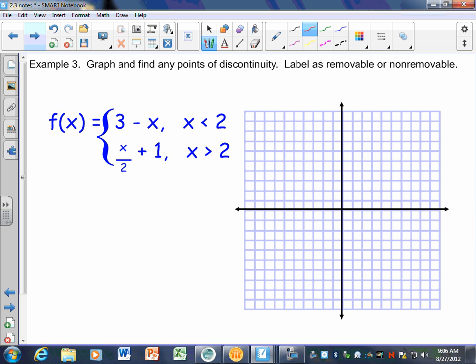I'm going to have a y-intercept of 3, a slope of -1, and I'm going to stop at x equals 2, because I'm only going to put this piece of the graph when x is less than 2, and I think I would get something roughly like that.